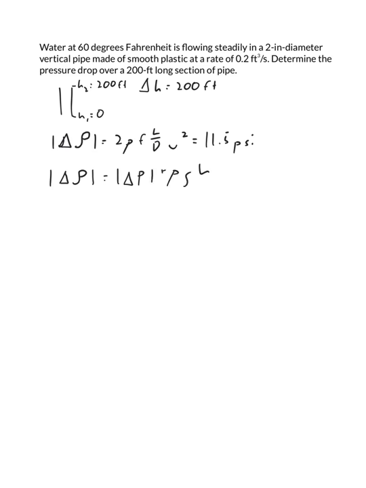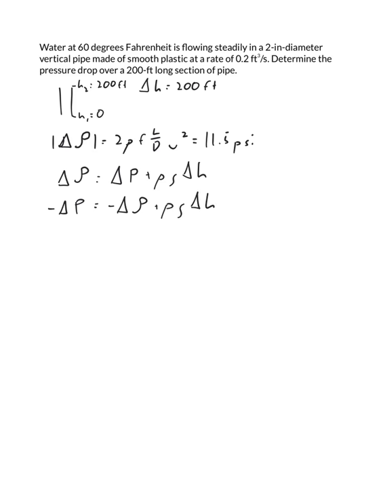plus rho GH. Actually, you know what? Let's go this way. We know that the change in the dynamic pressure is equal to the change in the pressure plus rho G delta H. Negative delta P is equal to negative, or in other words, right, because both of those deltas are going to be negative.